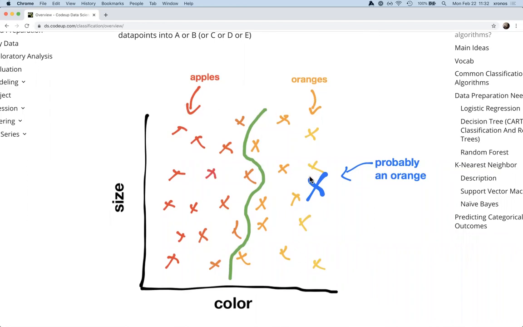And so when we get a new piece of information that its size is about in the middle, but it is very orange, it is more orange than red, then our decision rule is going to say, oh, that's most likely an orange. Aren't you glad I didn't say banana?